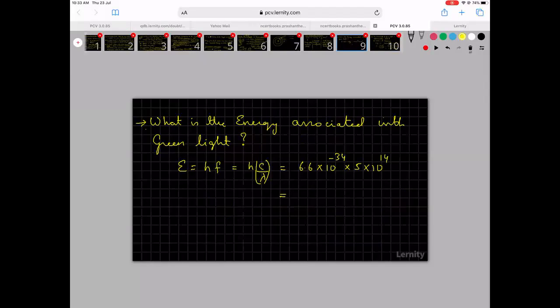So 33 into 10 power minus 20 joules, which is equal to 3.3 into 10 power minus 19 joules.